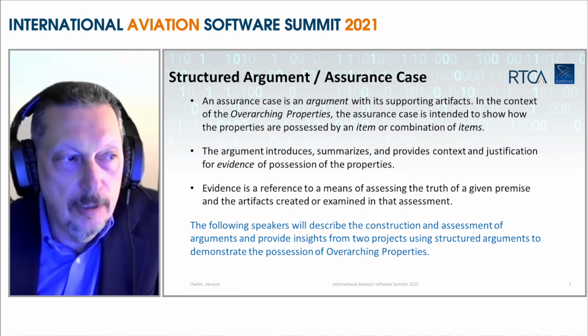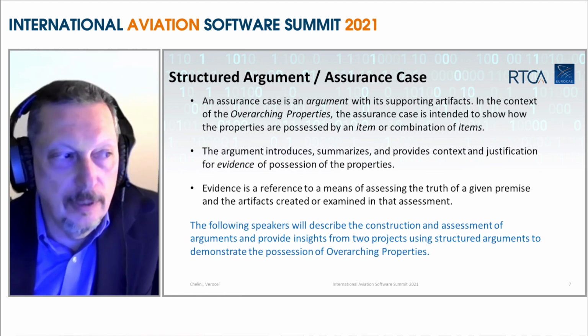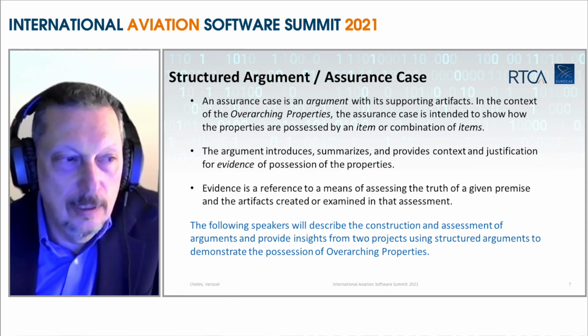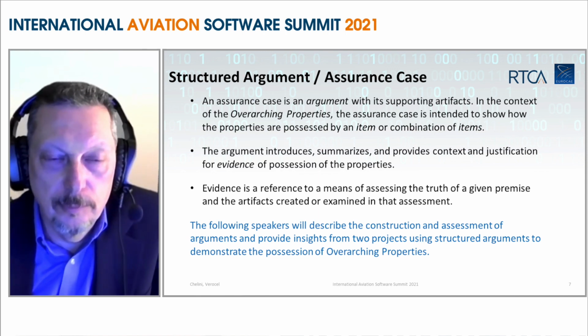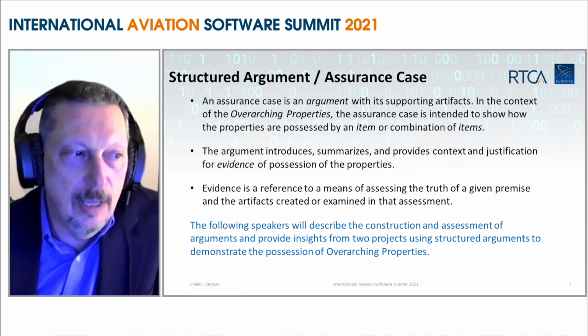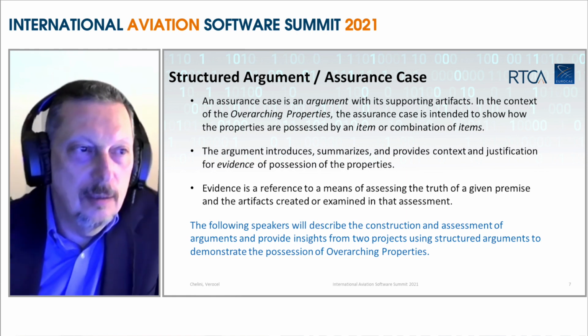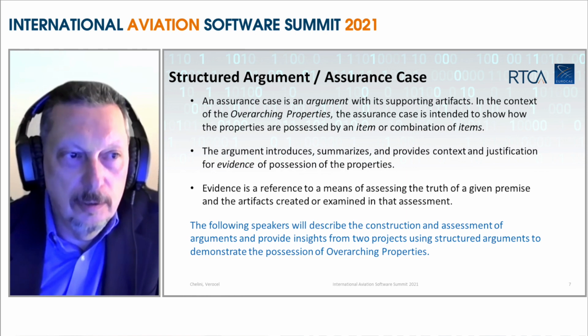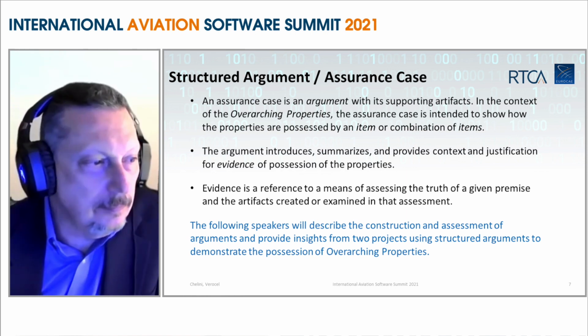The argument introduces, summarizes, and provides the context and justification for evidence of the possession of the properties. When we talk of evidence, this is reference to a means of assessing the truth for a given premise and the artifacts that are created or examined in that assessment. So an argument contains claims that are supported by evidence.